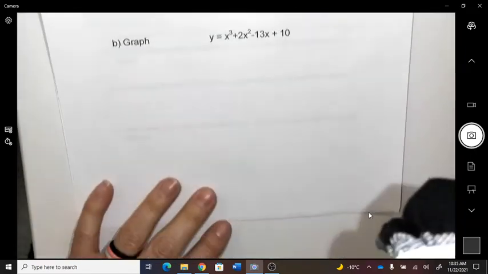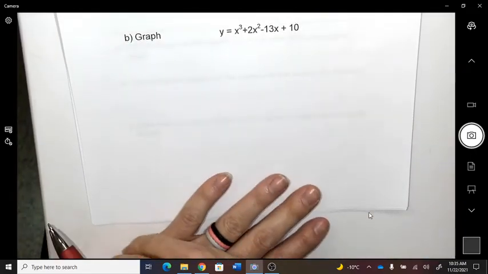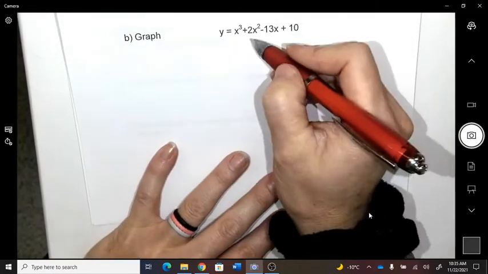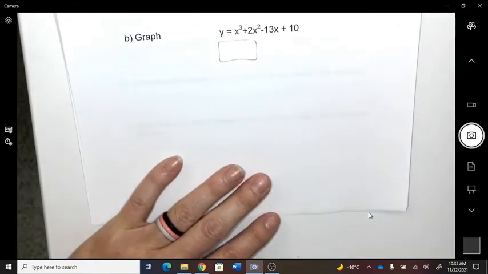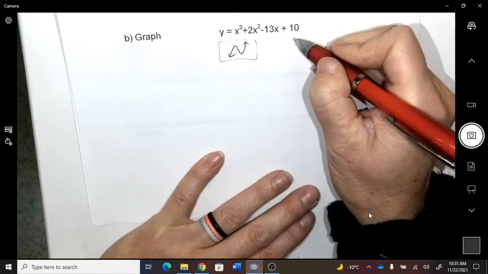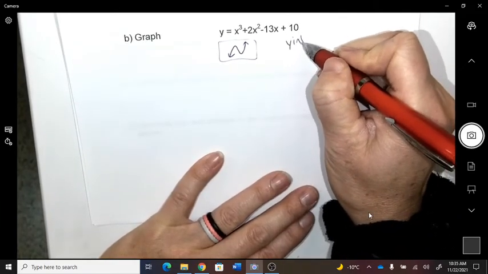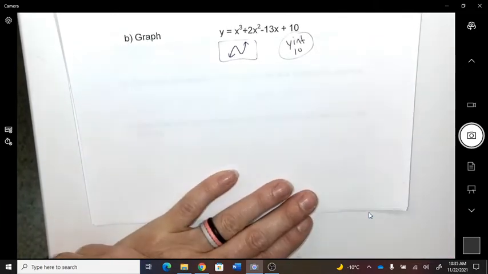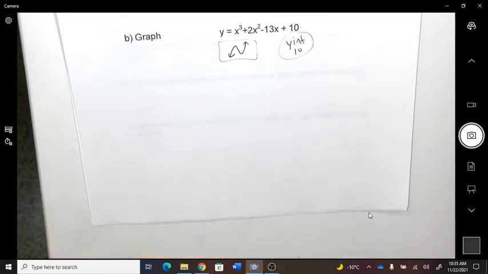Okay, next, graph. What do you know about the shape of this thing? It's a cubic, N. What do I know? The y-intercept is 10. So those are some quick things I know. Okay, this time it gave me no info.